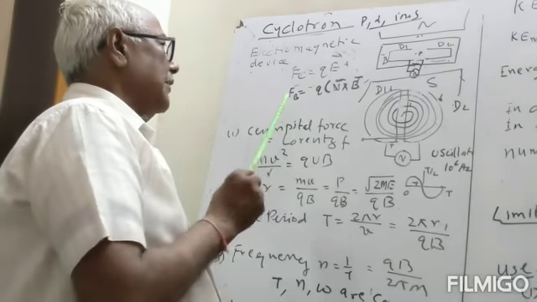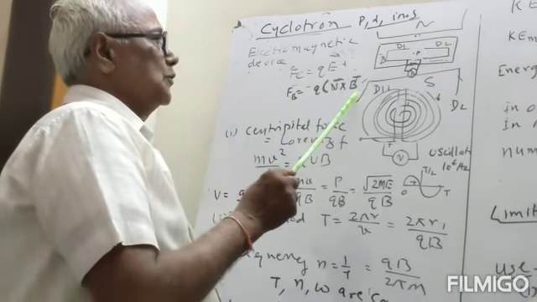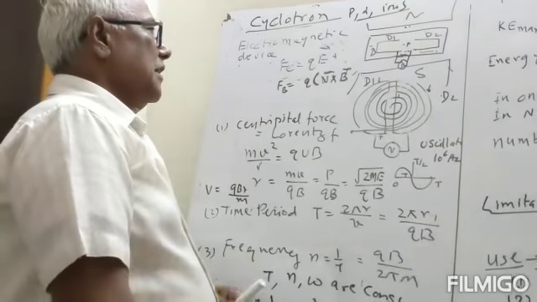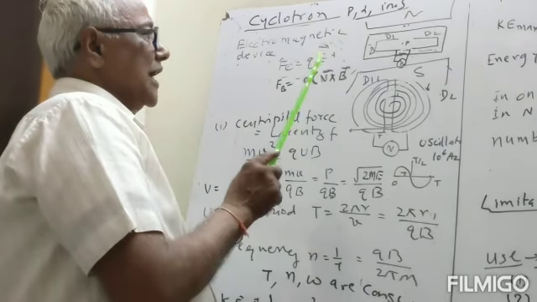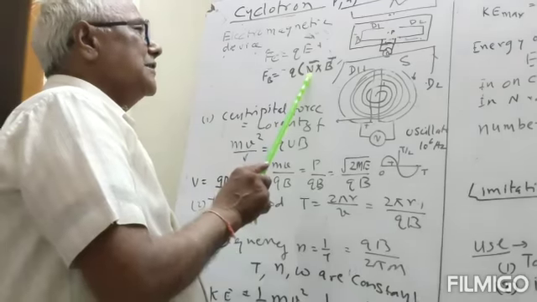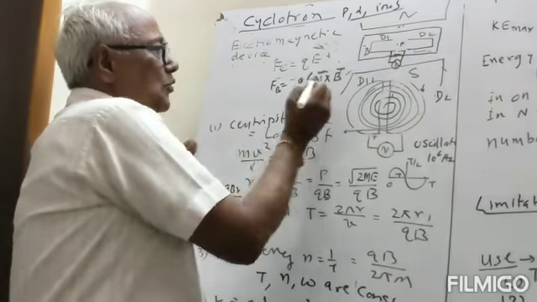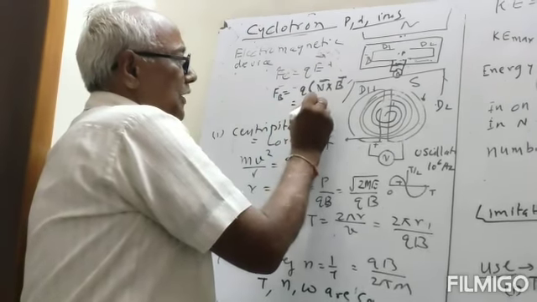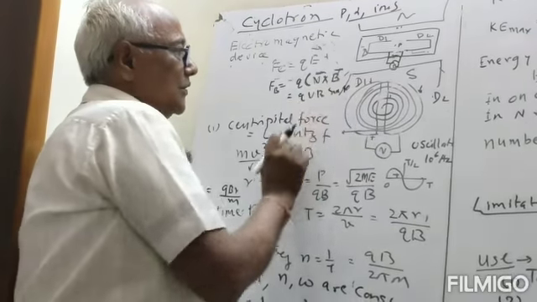The Lorentz magnetic force FB will be equal to qv cross B. Here we take the velocity of the charge entering the magnetic field, and its direction is perpendicular to the field. So theta is equal to 90, so this will be equal to qvB sin 90, and sin 90 is equal to 1.